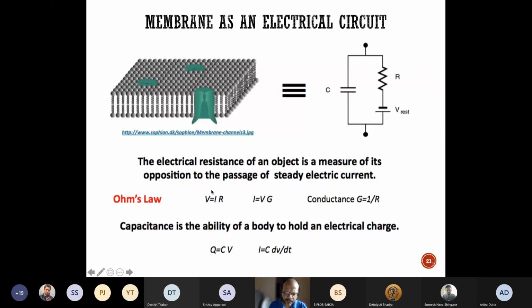In very simple terms, a capacitor is a couple of plates which are very close to each other, such that you can deposit some charge on one plate and suck out an equivalent amount of charge from the other side.